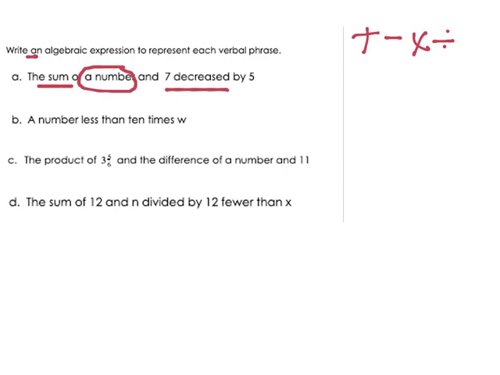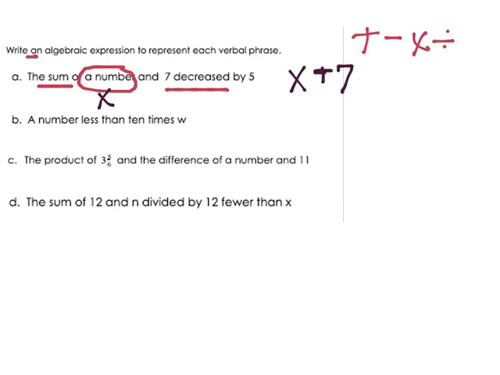Okay, so if I want to show an addition problem of a number and 7, I'm going to pick a variable to represent this unknown number. So I'm going to pick the variable x. So I'm going to say x plus 7.